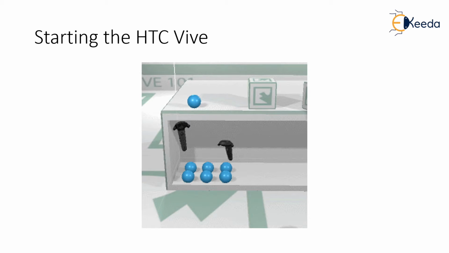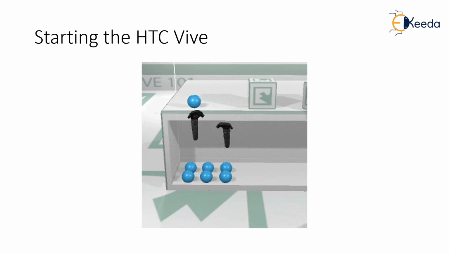Now, once you start the HTC Vive, you have to connect the main hub of the HTC Vive to your computer. So your computer recognizes it, and whatever actions you do in your HTC Vive, when you press the play button, because of the camera rig and the Steam VR, it connects you directly to your HTC Vive, and whatever motion you do with the HTC Vive can be directly seen in Unity.